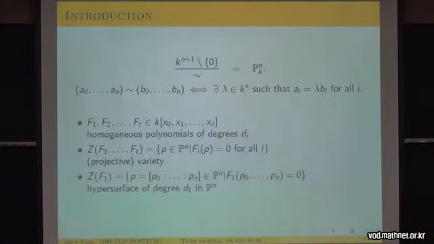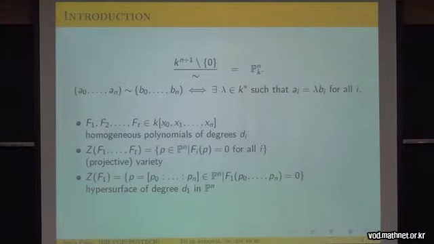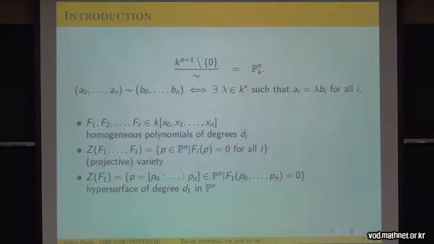All right. So this is called the projective variety. And the simplest one is the zero set defined by one polynomial, which is called the hypersurface. And if the degree of f1, as a polynomial, is d1, then we say the hypersurface defined by this f1 is called the hypersurface of degree d1, right?